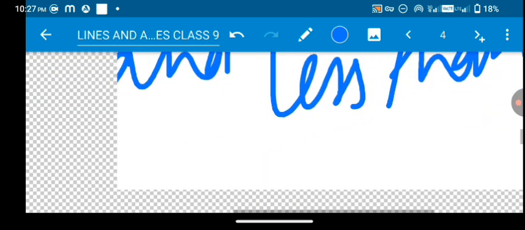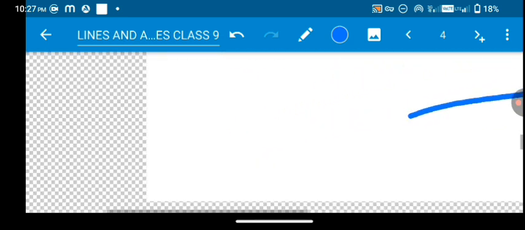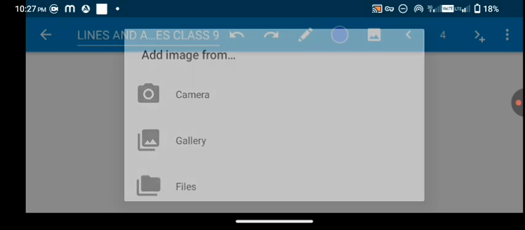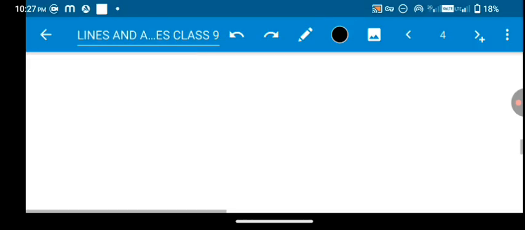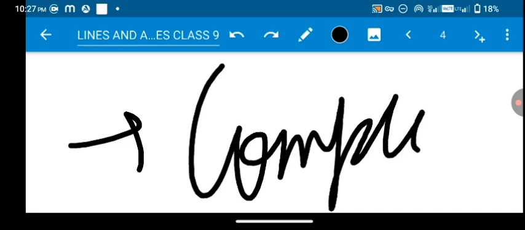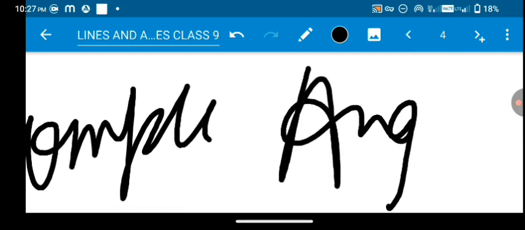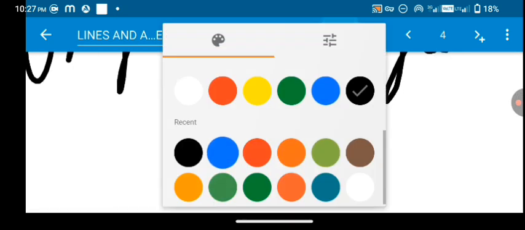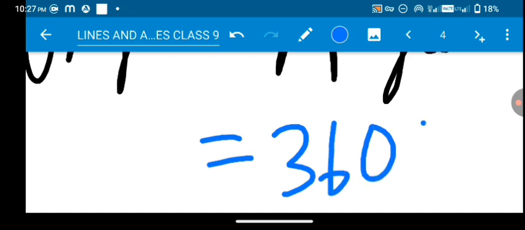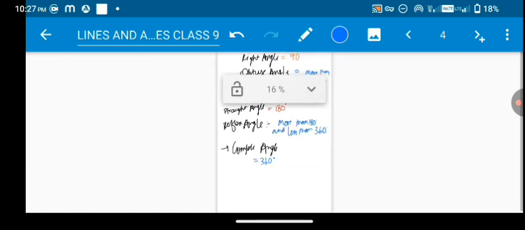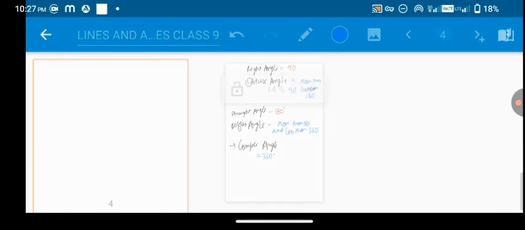And one more is there, which is complete angle. Its measure is 360 degree. So we have discussed types of angles.